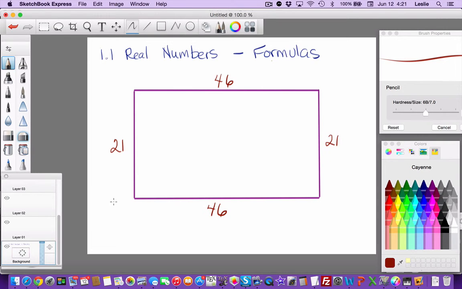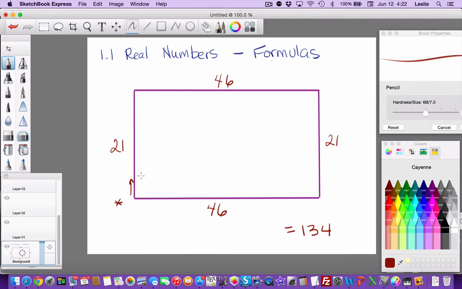The perimeter of this rectangle would be 21 plus 46 plus 21 plus 46. 21 plus 46 is 67. 21 plus 46 is 67. Add those two together and I get 134. So the perimeter of this rectangle is 134.